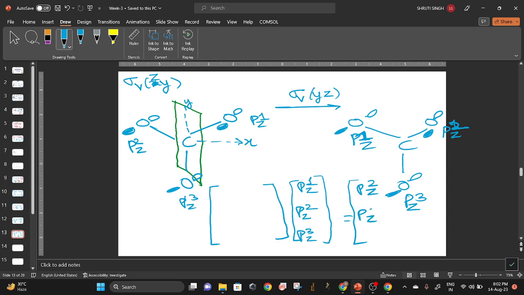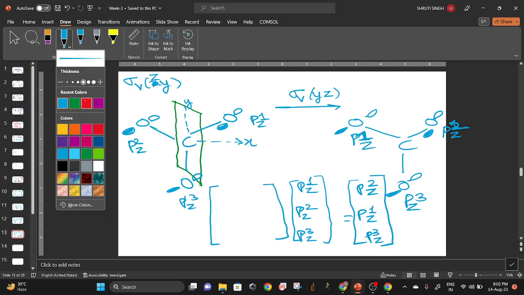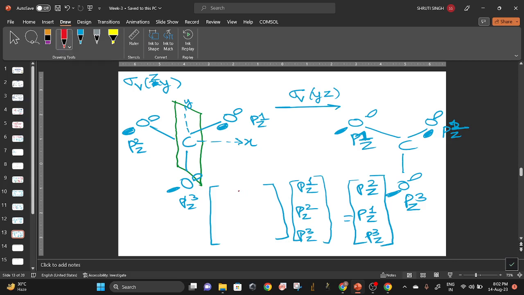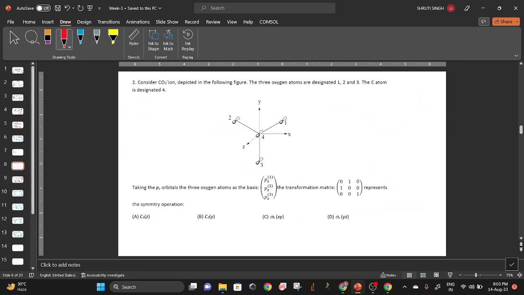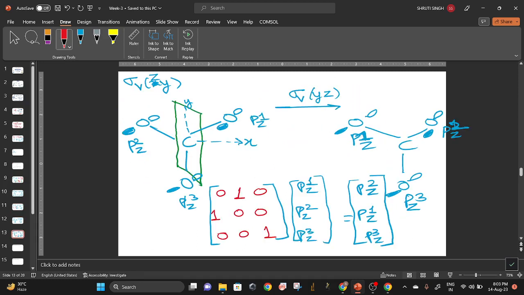PZ2 became PZ1 without change of sign, and PZ3 remained PZ3. So here it should be 1, 0, 0. Then 2 became 1, so here it should be 1, 0, 0. And 3 remained 3, so here it should be 1, 0, 0. Is this the answer? Yes, ma'am, this is the answer. So D is correct.